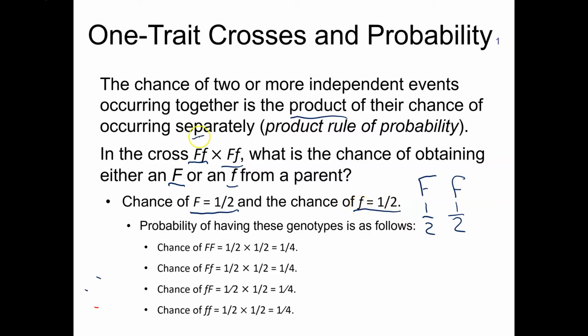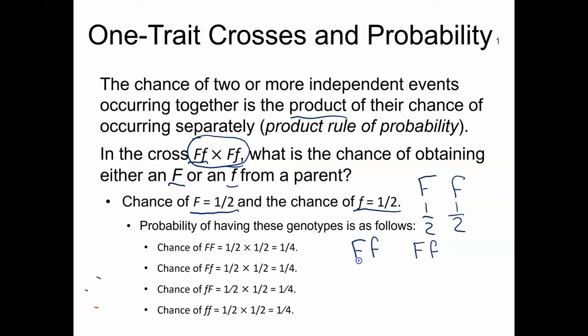In this cross, to get a big F from here and a big F from here, you have a 1/2. I'm just going to draw it down here so you can see it better.